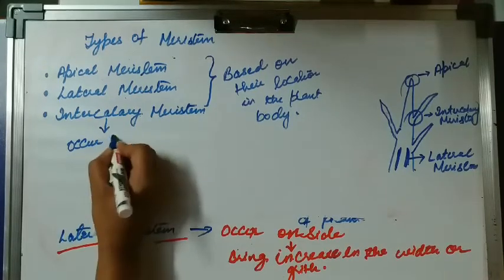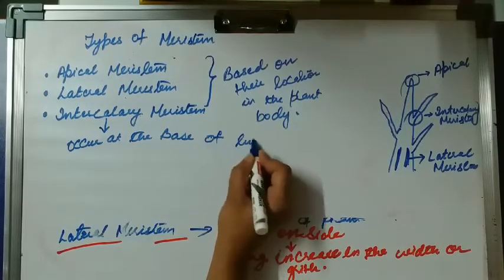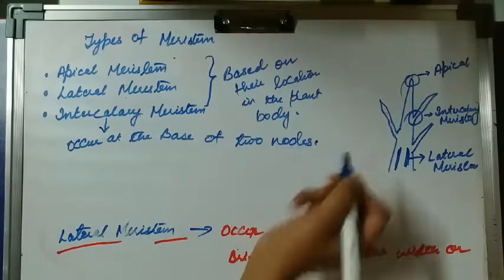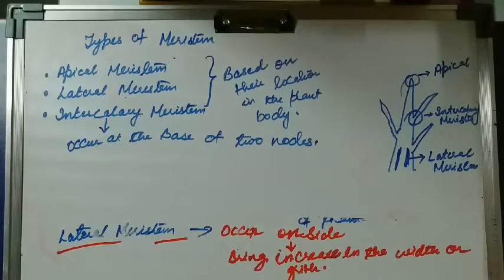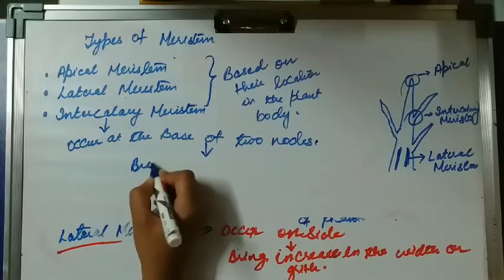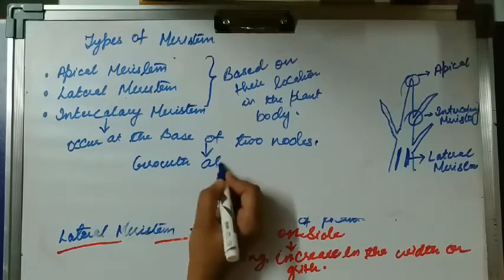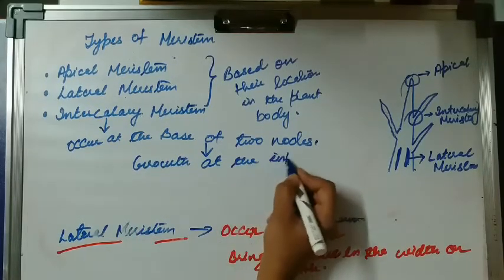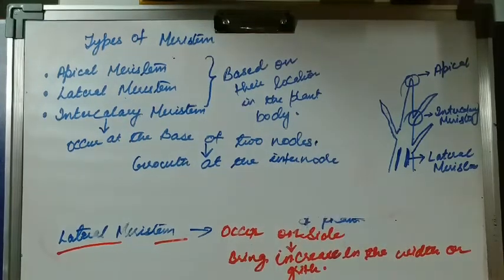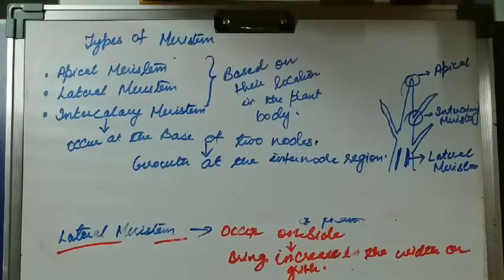It occurs at the base of two nodes, and it will help in the growth at the internode region. So this was all about the types of meristem.